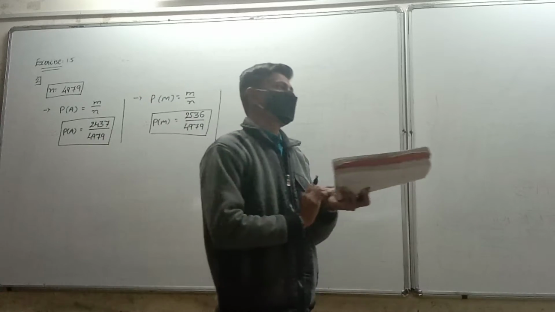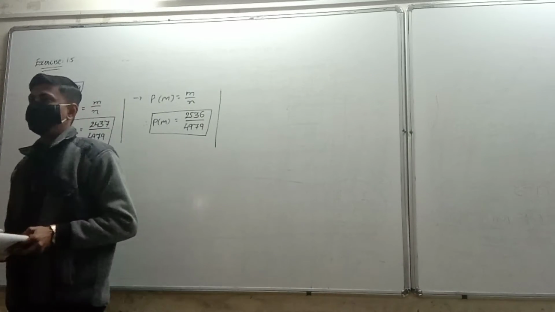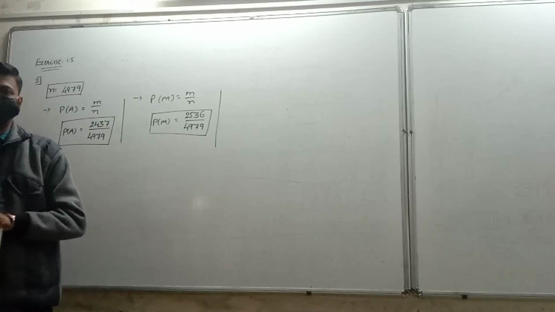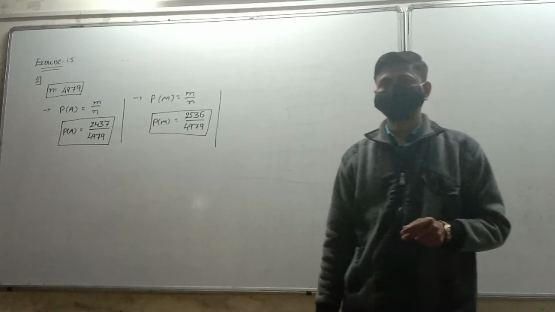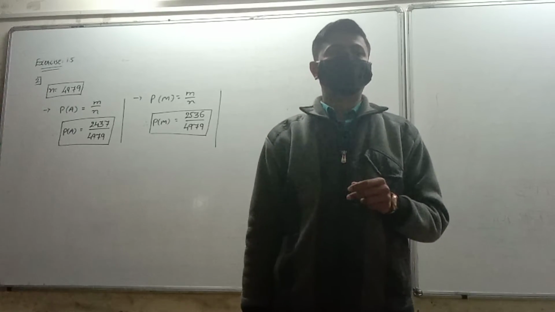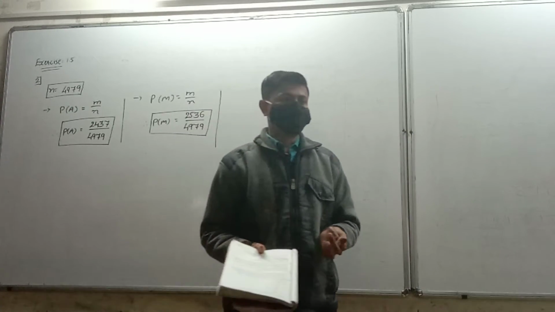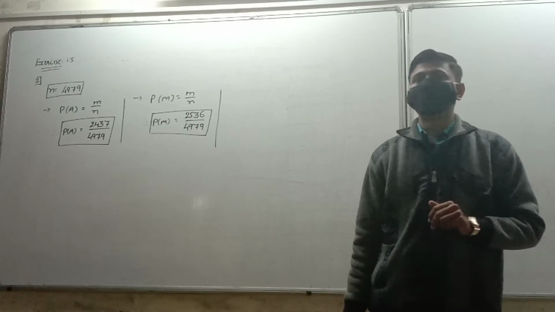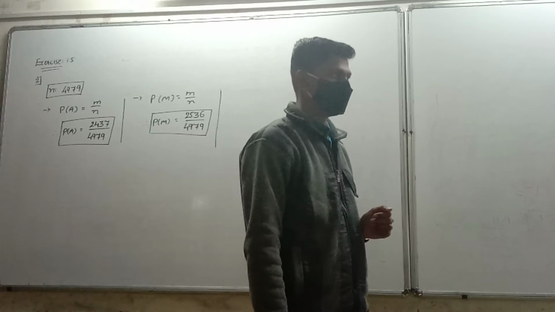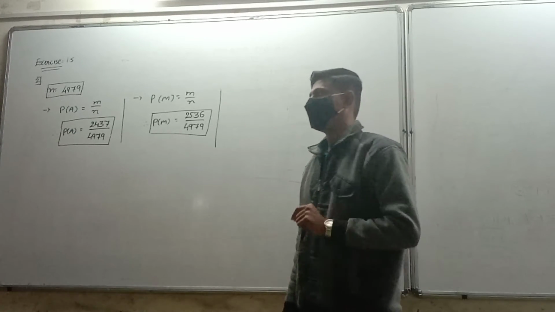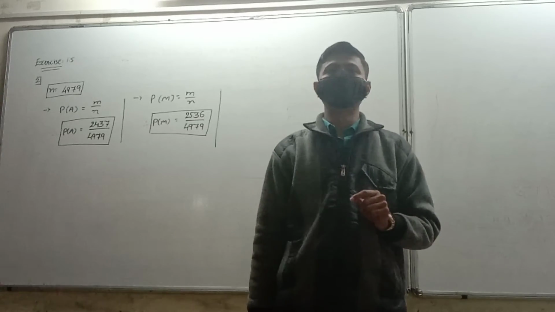So write down event A intersection capital M is equal to selected voter is a supporter of party A and, and means intersection, he is a male.